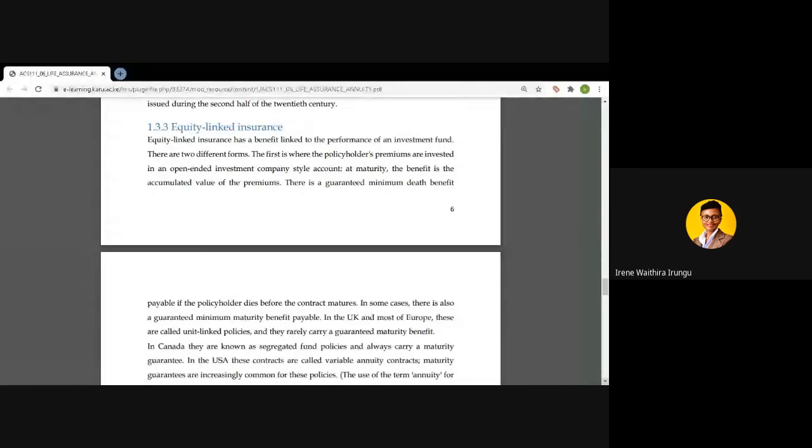However, in the event that the accumulated value of the premiums is greater than the guaranteed minimum death benefit, then what is payable to the policyholders' beneficiaries is the accumulated value of the premiums. So that is the first form.